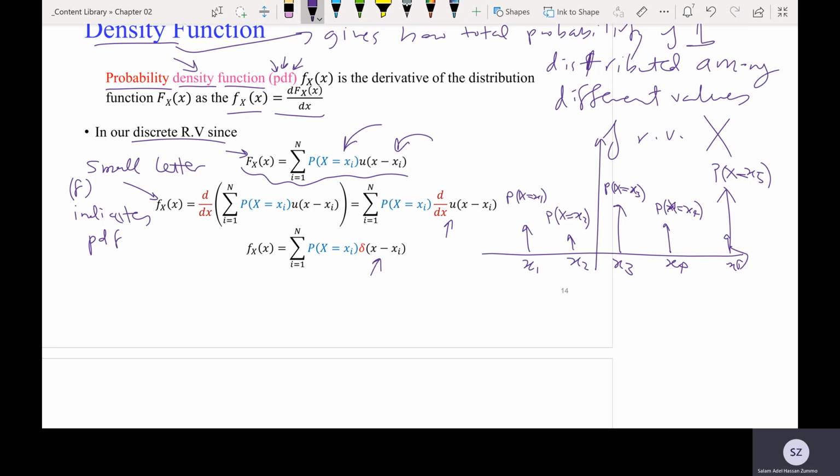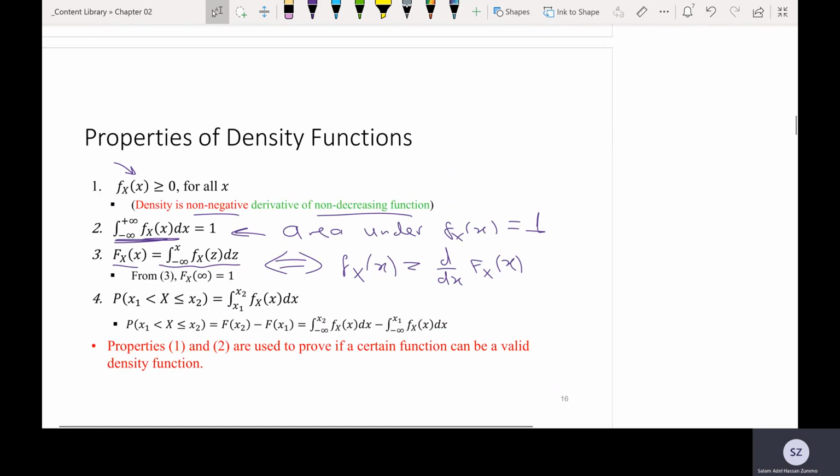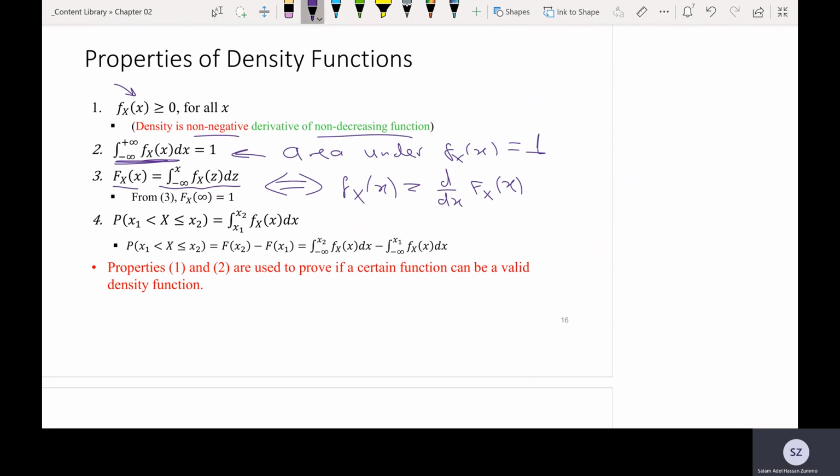And the same notation goes: this indicates the random variable X, while this indicates only a number or dummy variable. Whenever you see in this class, from now on, a small f means what? A PDF. So this is the derivative, and hence we get the CDF as the integral.